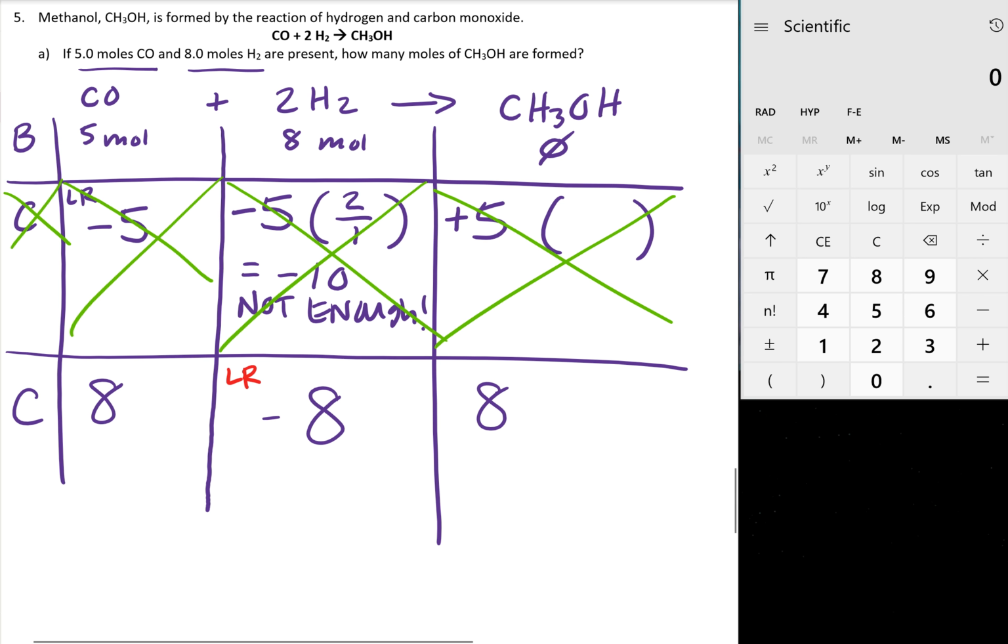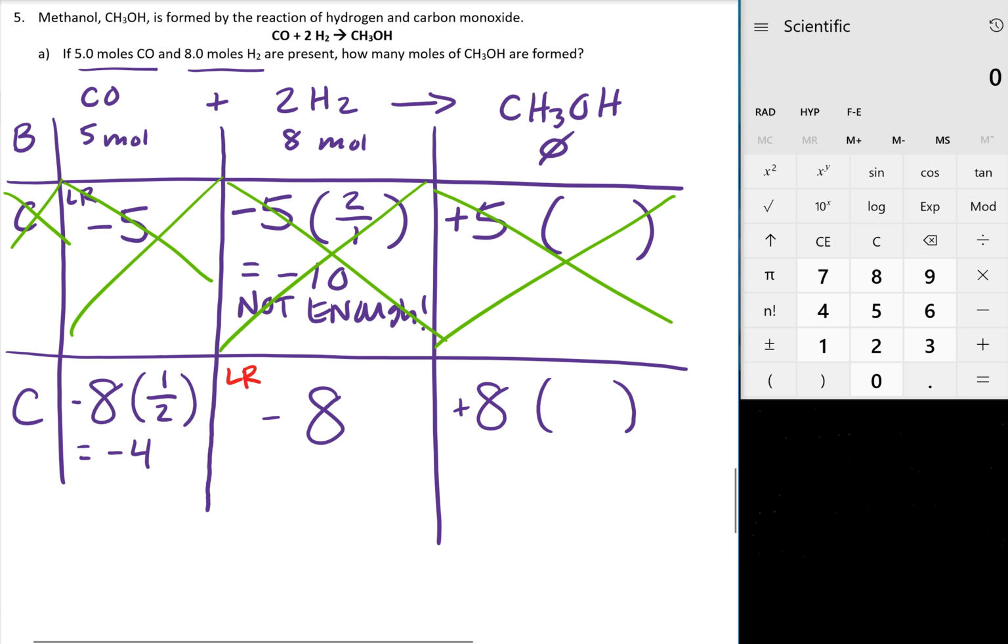That 8 gets copied over, reactants get minus signs, products get plus signs, and now for that mole ratio fraction. The coefficient of carbon monoxide is 1. The coefficient of the limiting reactant, hydrogen, is 2. And so 8 divided by 2, that gives me 4. And you pause.